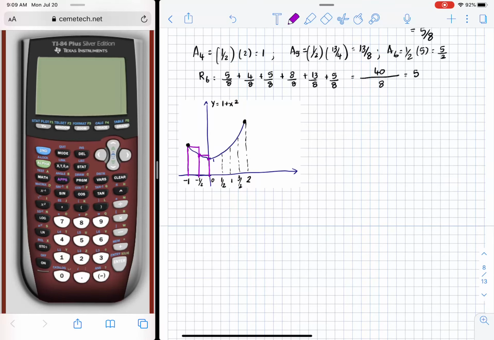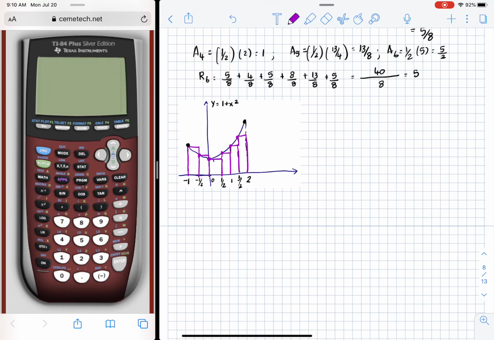At 0, we are at 1, so I'm going to go that way and drop down. At 1/2, we are there, so I have to go that way and drop down. And the next point is over there, right, and down. The next point is over there, right, and down.